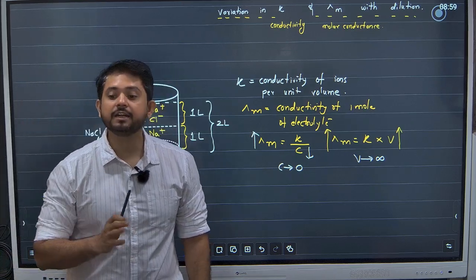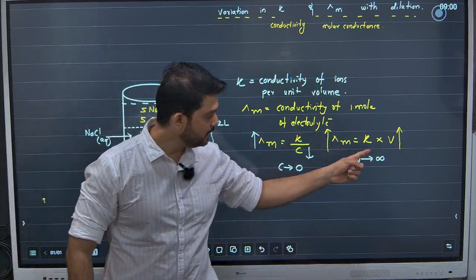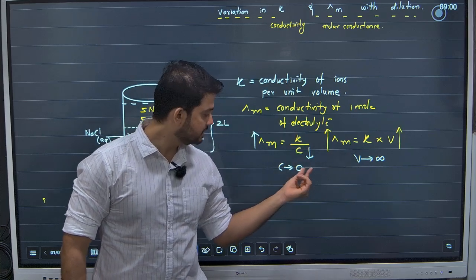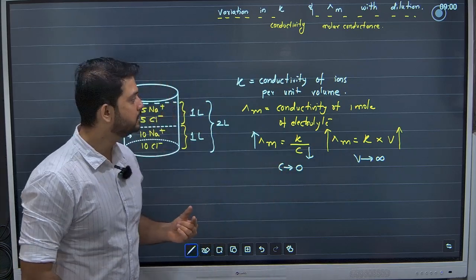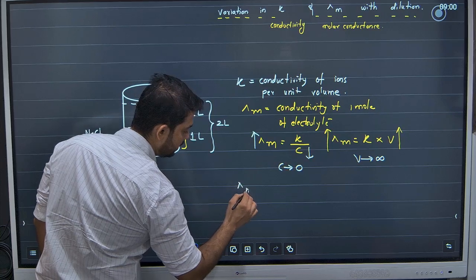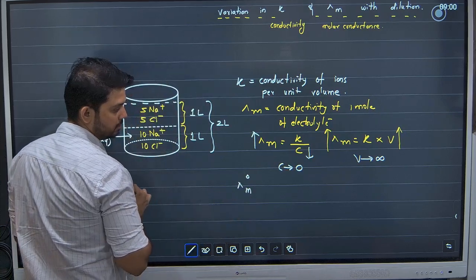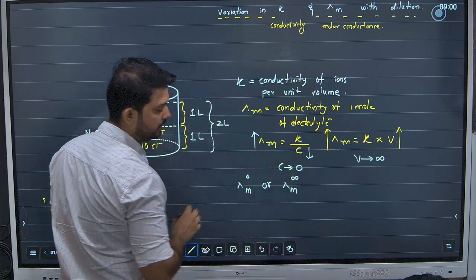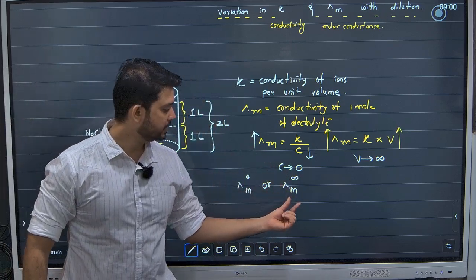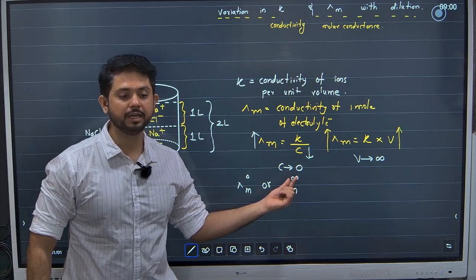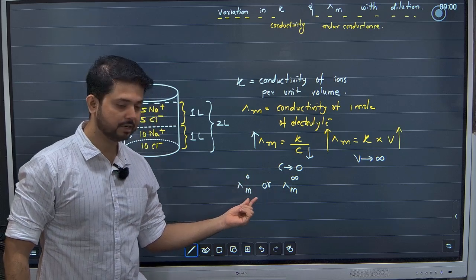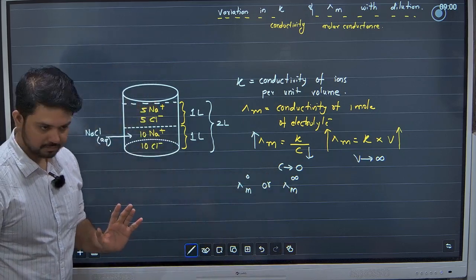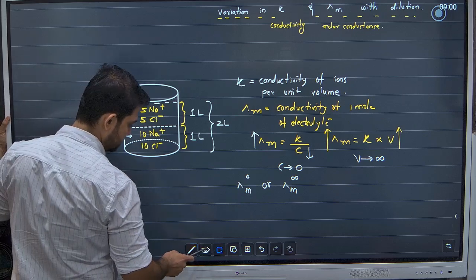The molar conductivity at infinite dilution or at 0 concentration is known as lambda m naught, or you can also write this as lambda m infinity. Molar conductivity at infinite dilution or molar conductivity at 0 concentration. Did you people get this? Yes or no?